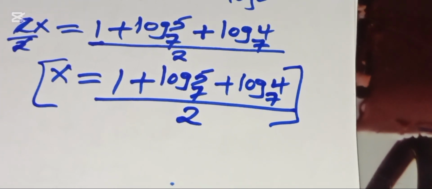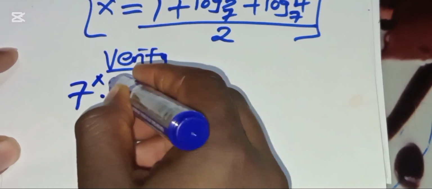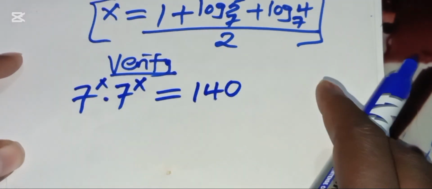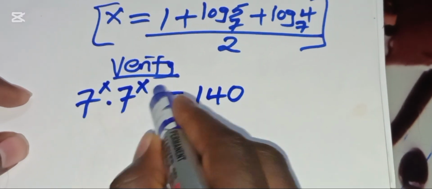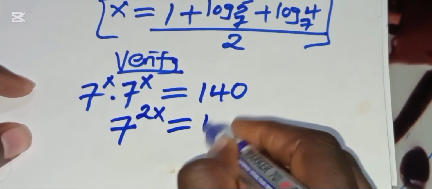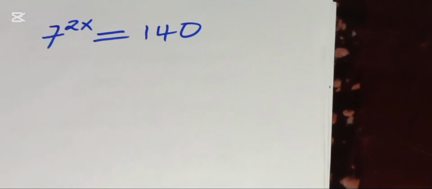If you recall, we had 7 raised to the power x multiplied by 7 raised to the power x equal to 140, which we simplify further to 7 raised to the power 2x equal to 140. So let's substitute the value of x from what we have here.